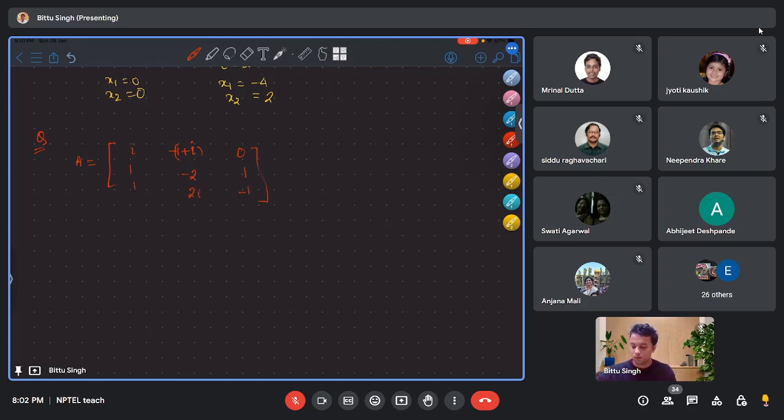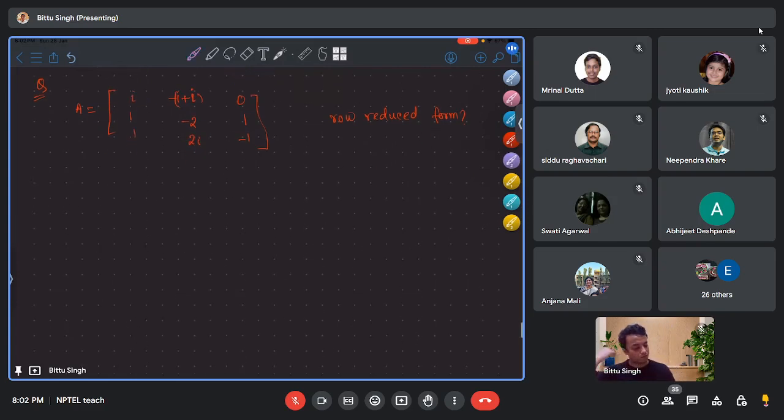The question is to find the row reduced form of this matrix. So what will be the row reduced form?